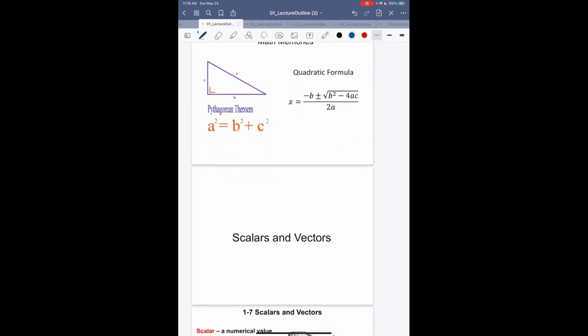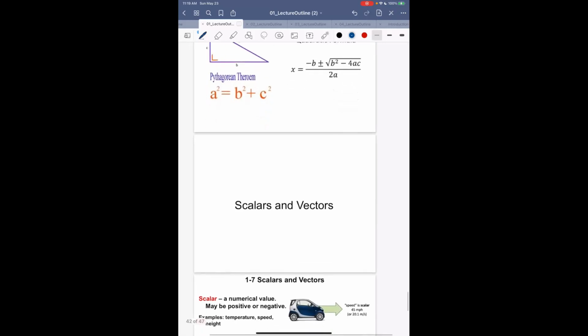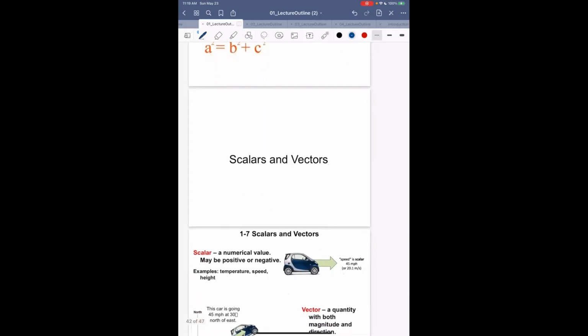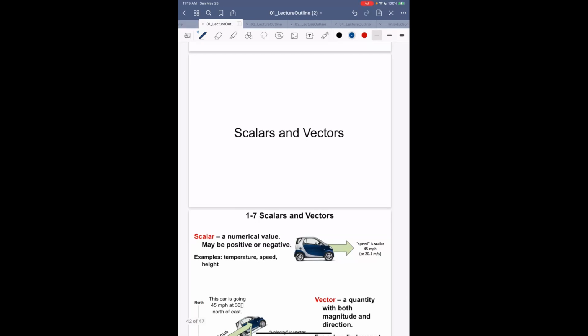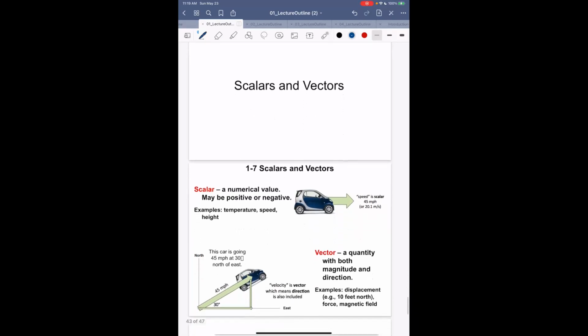Now, all the quantities in this course will be classified as either scalars or vectors. Scalars are physical quantities that have only magnitudes and units, whereas vectors, in addition to that, have a direction. A scalar is a numerical value, like temperature, speed, height.